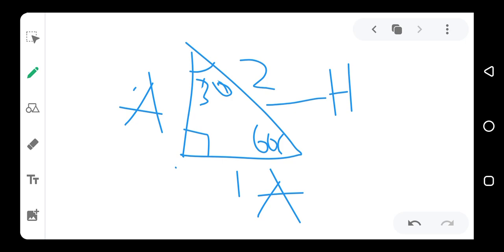So, we know that the hypotenuse squared is equal to the sum of the other two sides squared.